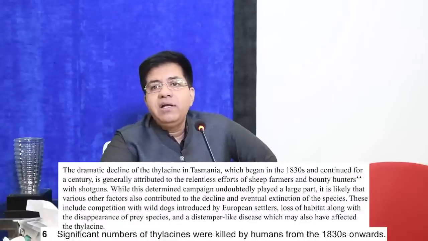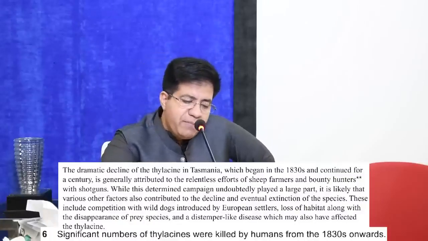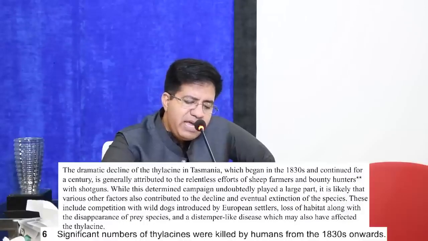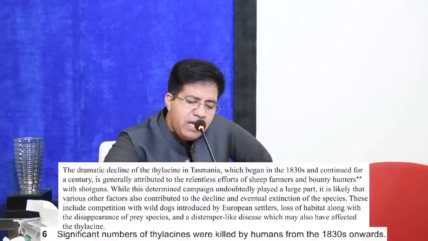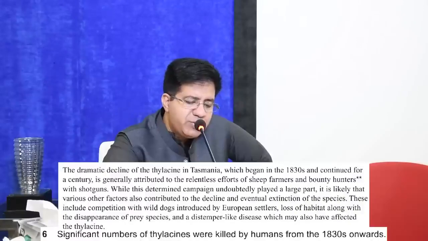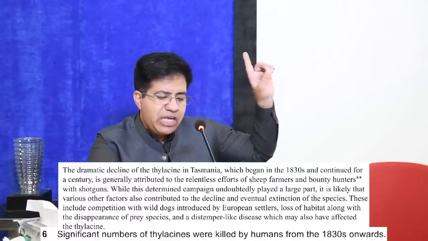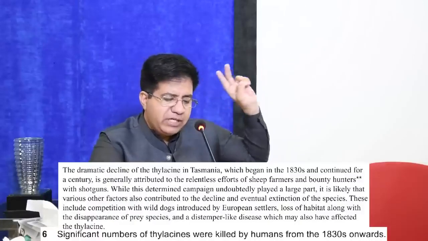What do we call it? Location of the answer. I'm reading first line. 1830s and continued for a century is generally attributed to the relentless efforts of sheep farmers and bounty hunters with shotgun. Now who killed most of them? Sheep farmers and bounty hunters.